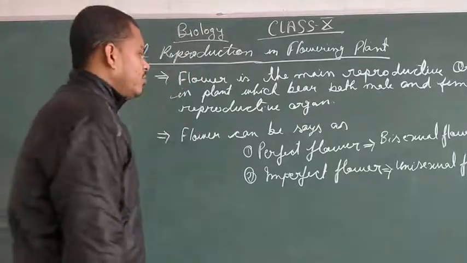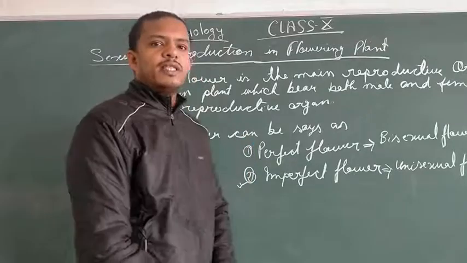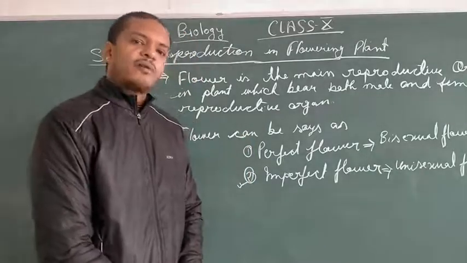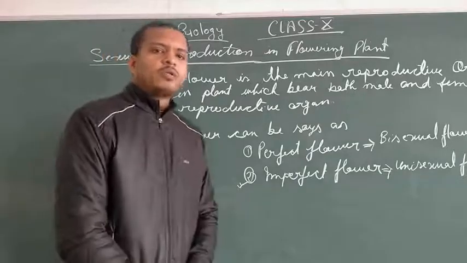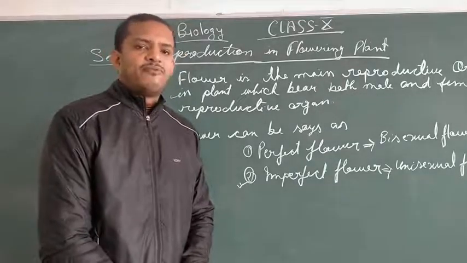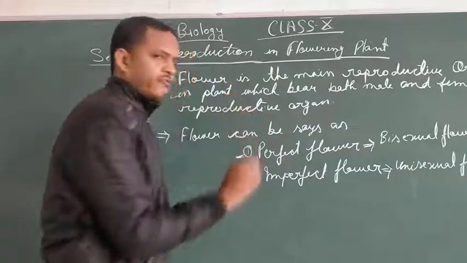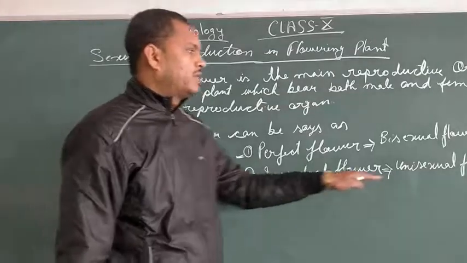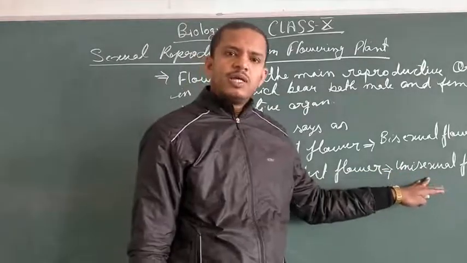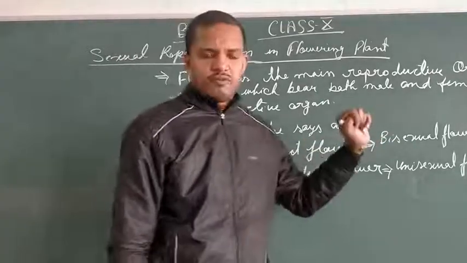That is the reason we say them as imperfect flower. But those flowers which bear both the male and female reproductive organs are known as perfect flower. Second, imperfect flower is also known as unisexual flower, and perfect flower is also known as bisexual flower.